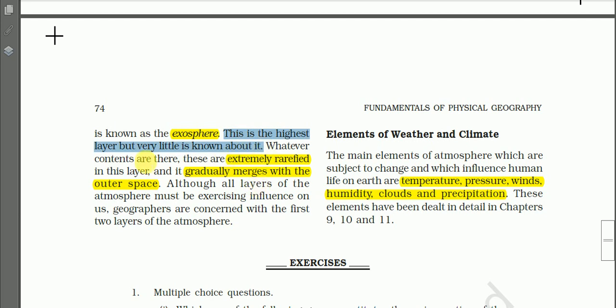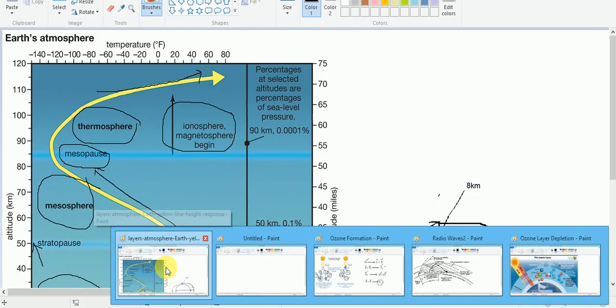Whatever gas molecules or other particles are present there are extremely rarefied in this layer. That means air is very thin in the exosphere, and it gradually merges with outer space. So this is the last layer of the atmosphere.